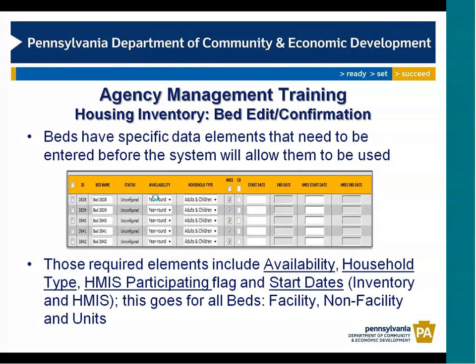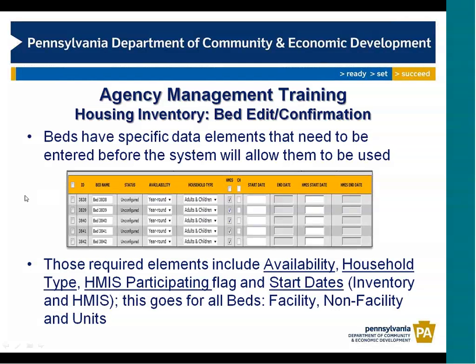All beds in the system require these following data elements: availability, household type, HMIS participating flag, as well as start dates, which are both the inventory start date and HMIS dates if your inventory is what we call HMIS participating. And basically, for all inventory, all of these are required.